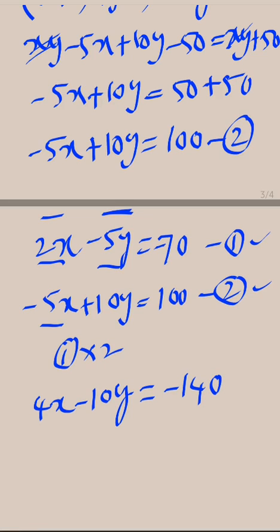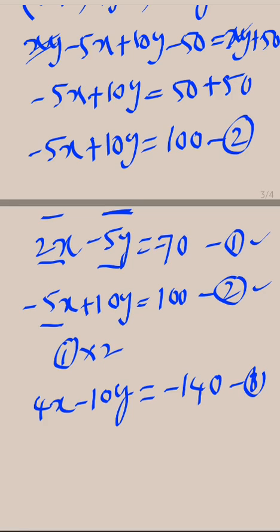So the first equation I multiplied with 2. Why I multiplied: either the x terms or the y terms must be equal in their coefficients. Yes, there is a possibility in the first equation. If we multiply the whole equation with any number, there is no change, right? So therefore now we'll get a third equation. This is after multiplication. Now we have to write the third equation and the second equation, and solve them.